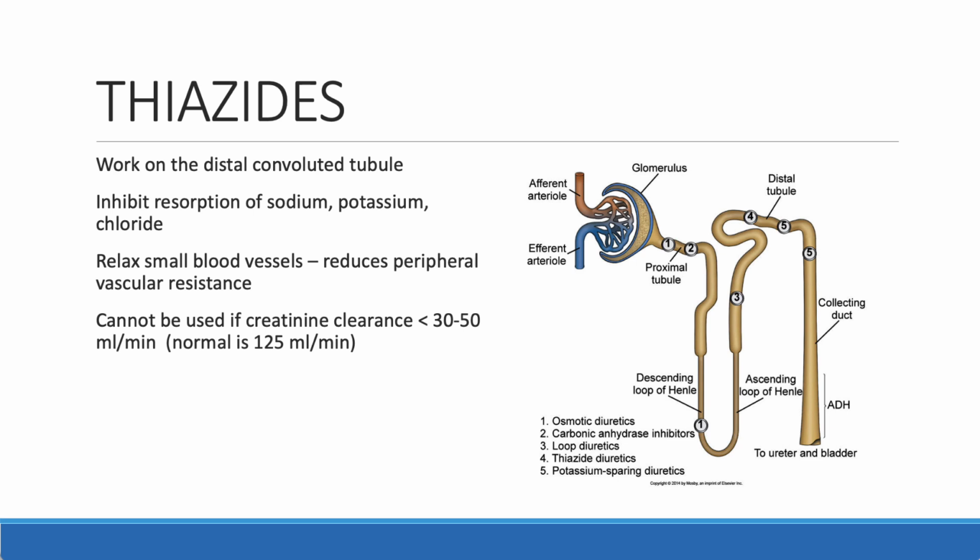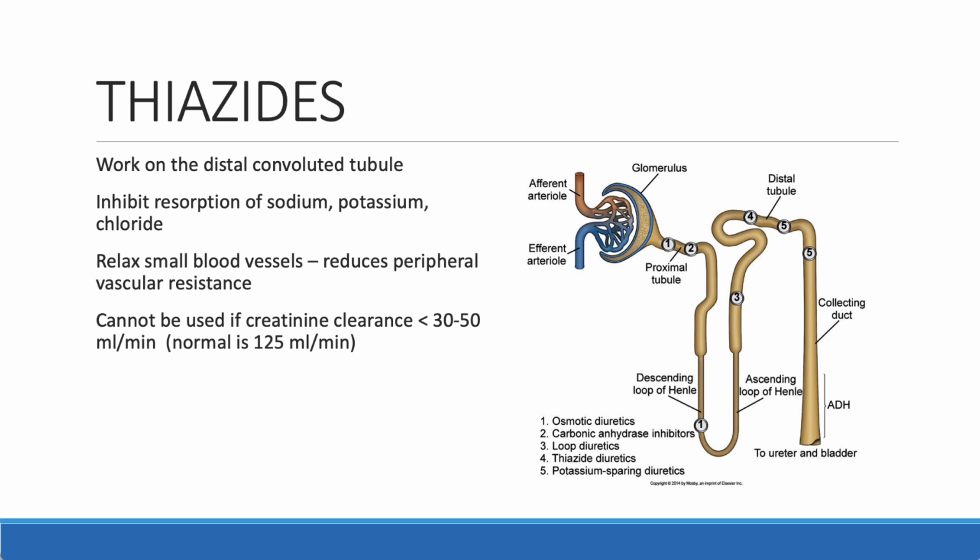Okay? Now, unlike the loop diuretics that we can use no matter what the kidney function is like, as long as they're still making urine, thiazide diuretics are different. We can't really use them if they get down to CKD stage 4, which is 15 to 30 milliliters per minute.